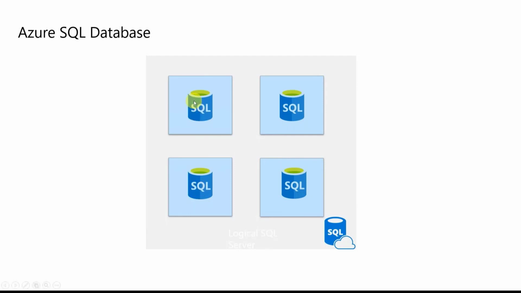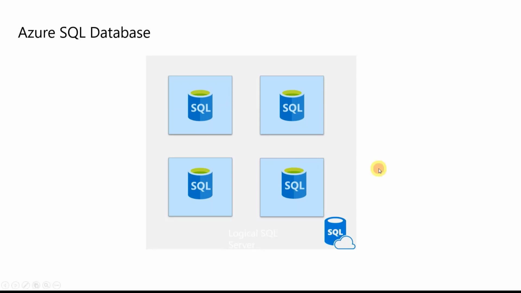So if the first one is loaded up with a lot of traffic, definitely the rest of the 3 will become very slow because they share the same server capacity.